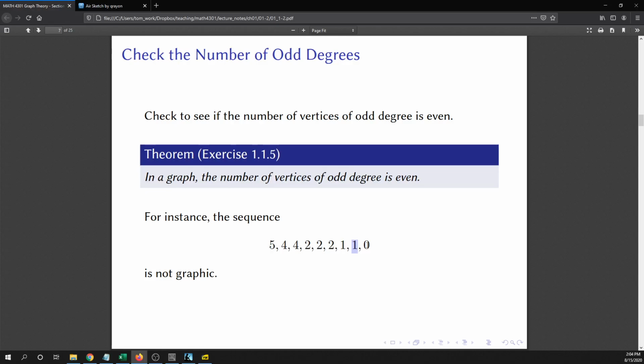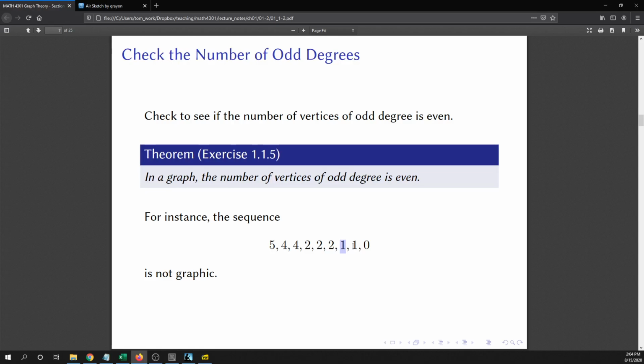And the idea behind this one is also really pretty straightforward. If I add up all of these degrees, if I add any number of even numbers together, I am going to get an even number: 4 plus 4 plus 2 plus 2 plus 2 is going to come out to be even. Then when I start adding odd numbers together, the parity is going to change. 5 plus 1 will give me 6. If you add two odd numbers together, you are going to get an even number.